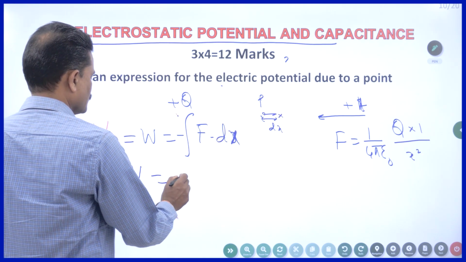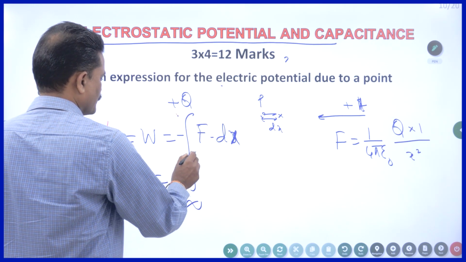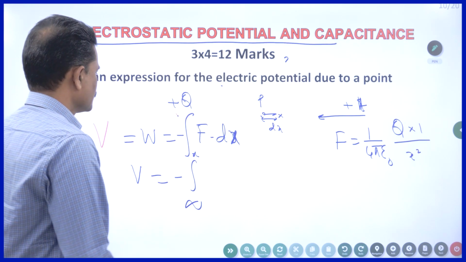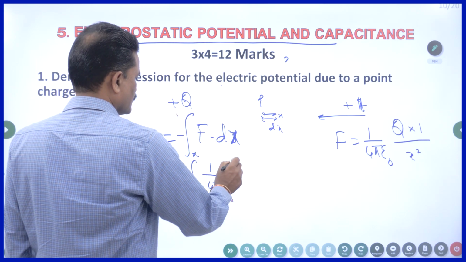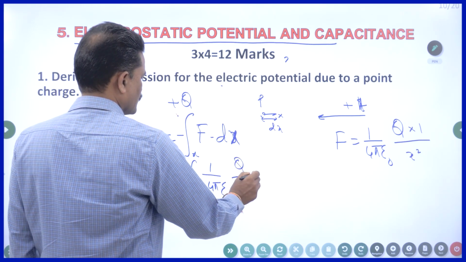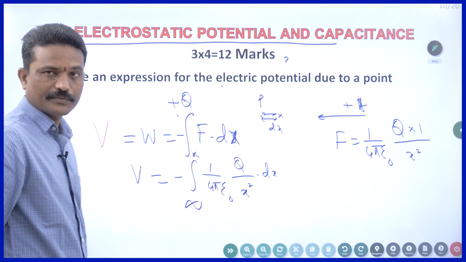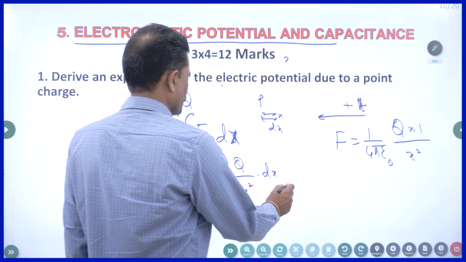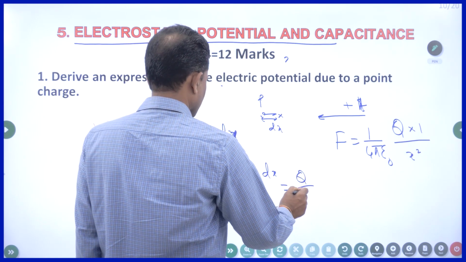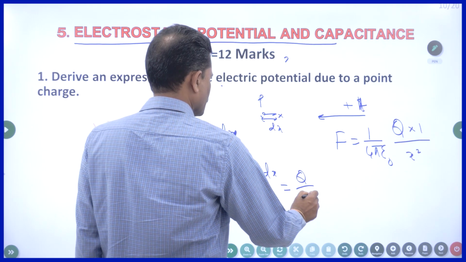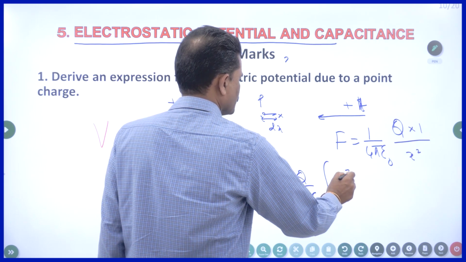So V is equal to negative of, I am bringing it from infinity to a point x, F is 1 by 4 pi epsilon naught Q by x square times dx. So Q is a constant, 1 by 4 pi epsilon naught is a constant. They can be taken out of the integral. So this is Q by 4 pi epsilon naught integral x to the power of minus 2 dx.